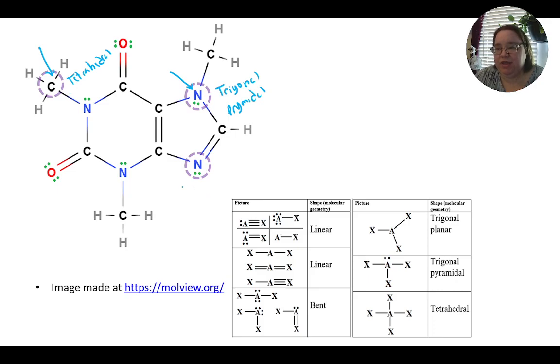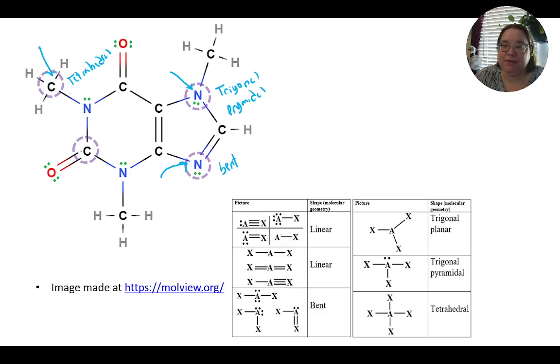Next one we're going to play with is this nitrogen down on the bottom right. Notice the nitrogen on the bottom right has 1 lone pair, but it has 2 areas of bonds coming off of it. 1 lone pair, 2 bonding areas must be bent, and you can very easily see that bent shape.